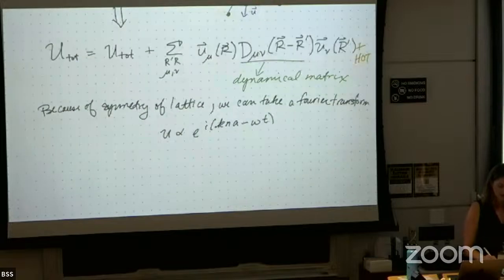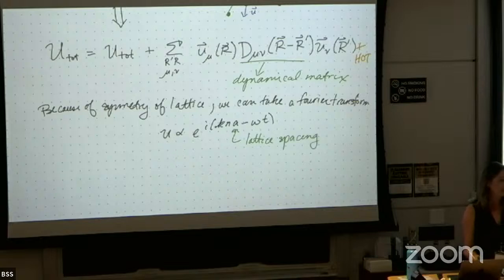You assume this form because a is the lattice spacing for the Bravais lattice, and k is now a wave number. Again, we can only get away with this because of the symmetry of the lattice.